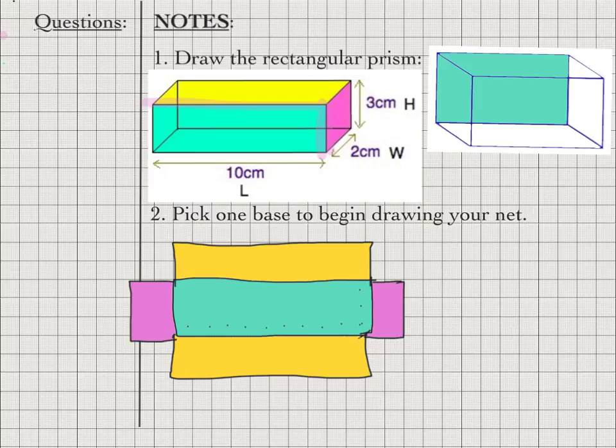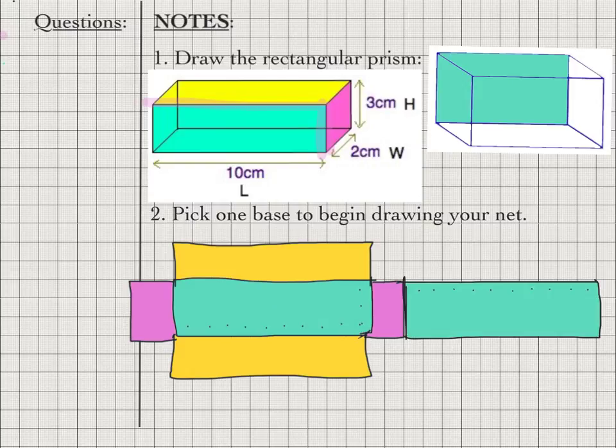So building from the right side, we're going to count 10. 1, 2, 3, 4, 5, 6, 7, 8, 9, 10. 10 centimeters by 3 centimeters. And so this is our completed net, a 2-dimensional shape that represents all of the surfaces of our 3-dimensional figure.